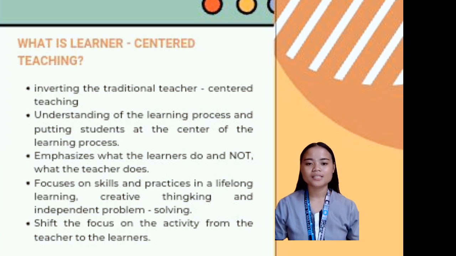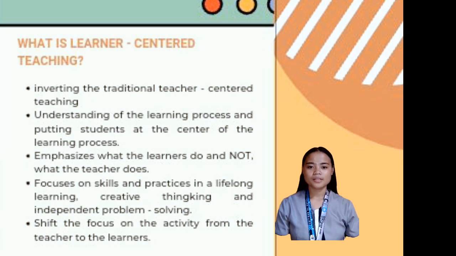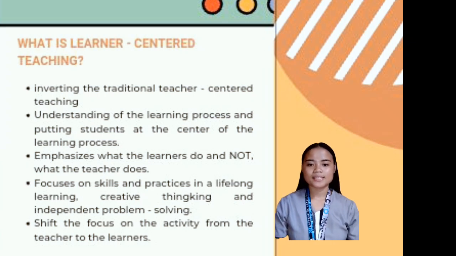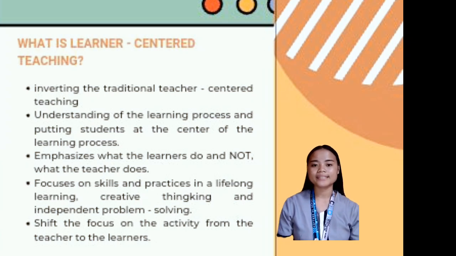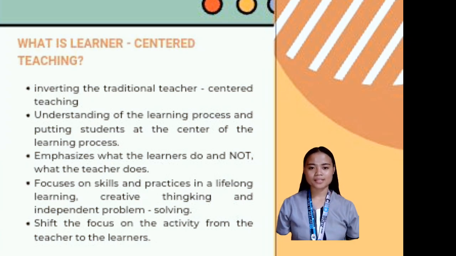Next, focuses on skills and practices in lifelong learning, creative thinking, and independent problem solving. So, since our main focus here is our learner, then we should expect nga ma-develop ang ilahang skills and practices in a lifelong learner.